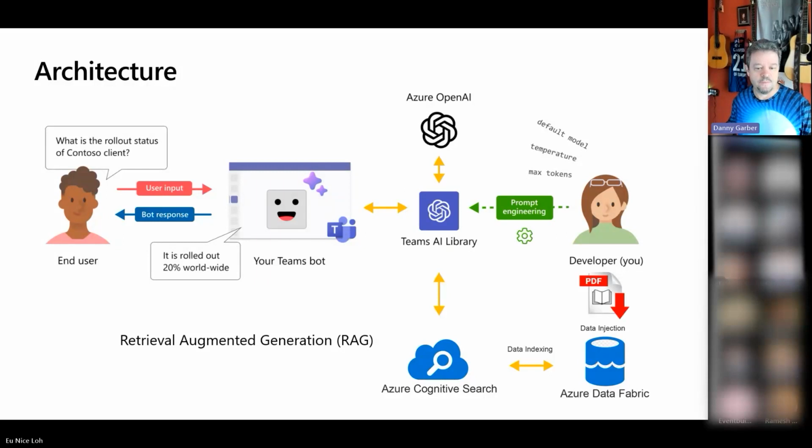the Teams AI library uses the prompt engineering that was provided by the developer and the augmented data that was indexed through Azure Cognitive Search.